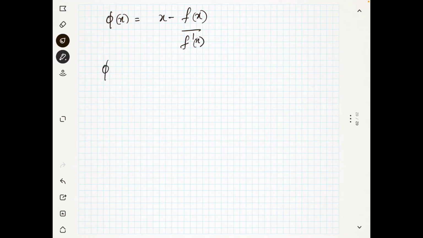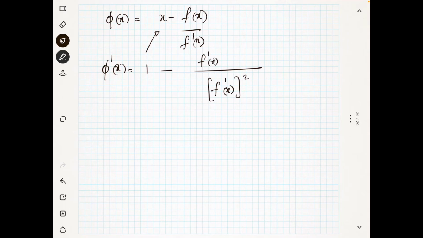So phi dash of x, I will get by first taking the derivative with respect to x: it is 1 minus, using the quotient rule, f dash of x the whole square in the denominator. Then I take the derivative of the first term, so f dash of x times f dash of x, which becomes f dash of x the whole square.